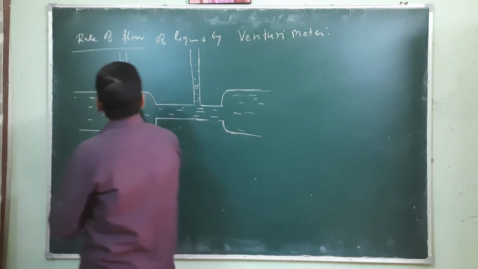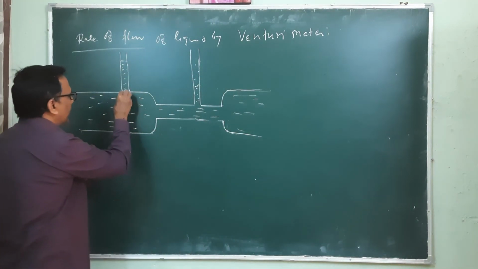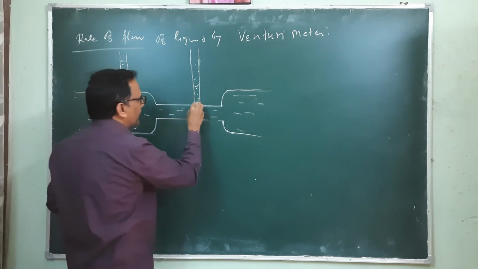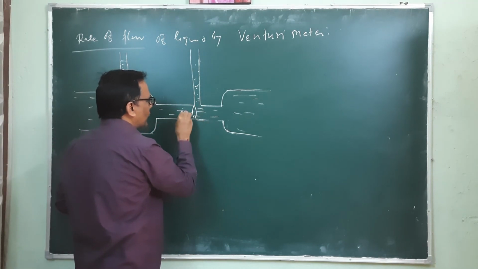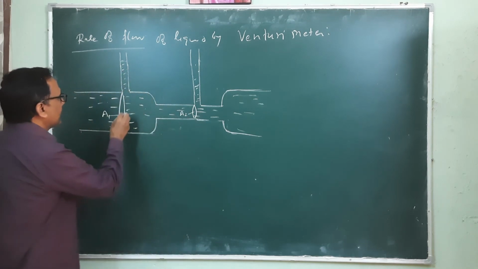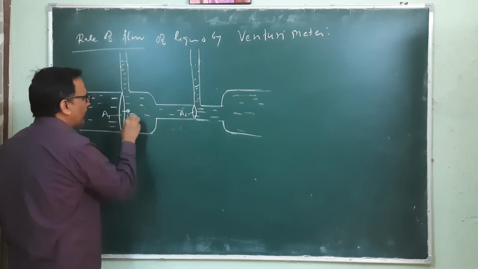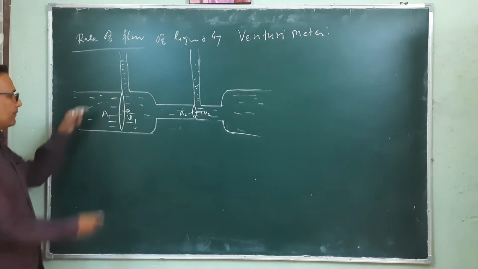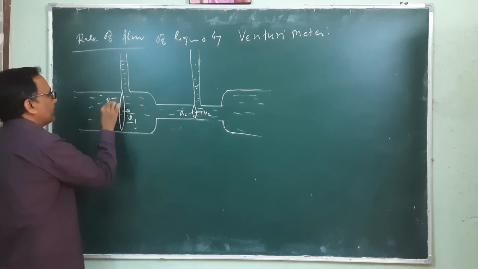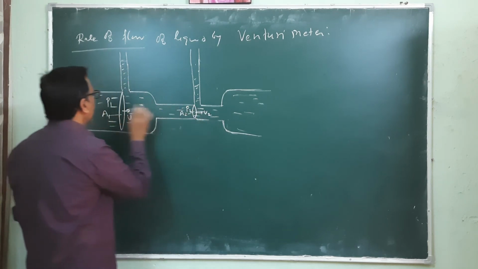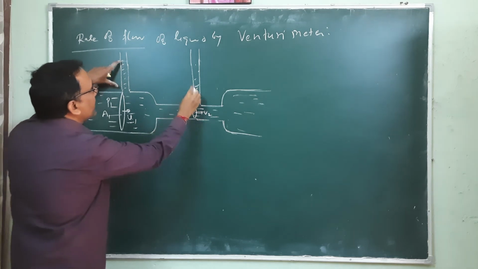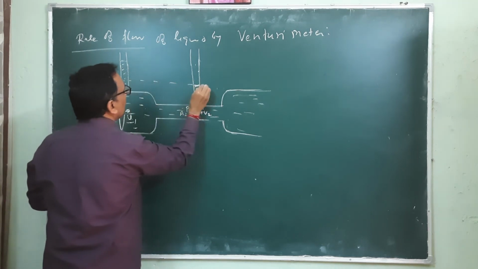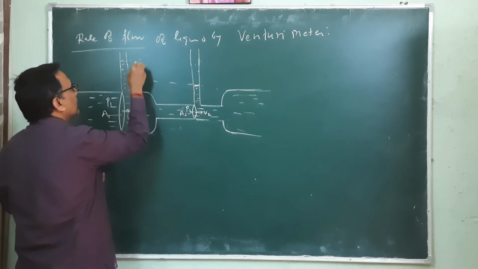The cross section area near this tube here is A1, and here the cross section area is A2. The velocity is V1 here, and here the velocity is V2, and obviously slightly different. The pressure is P1 here and P2 there, and this pressure difference can be measured by the change in the height of the liquid. So this is H.